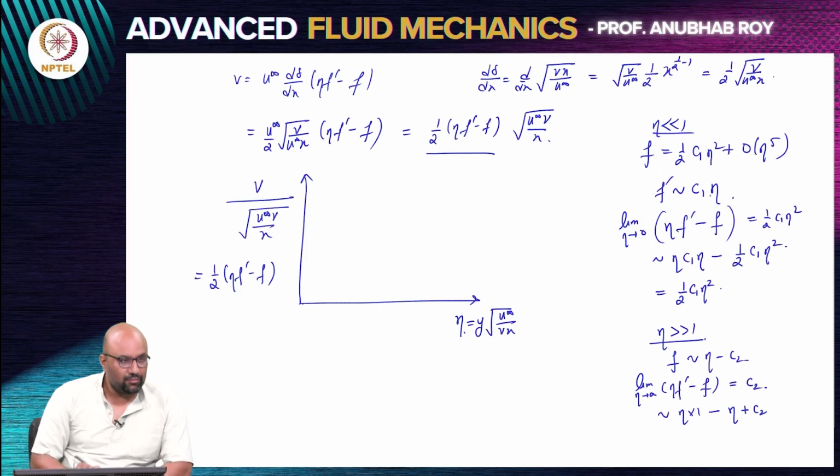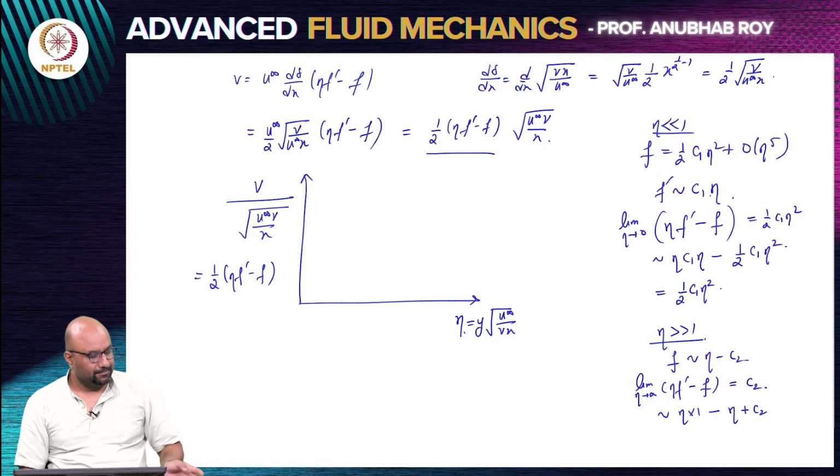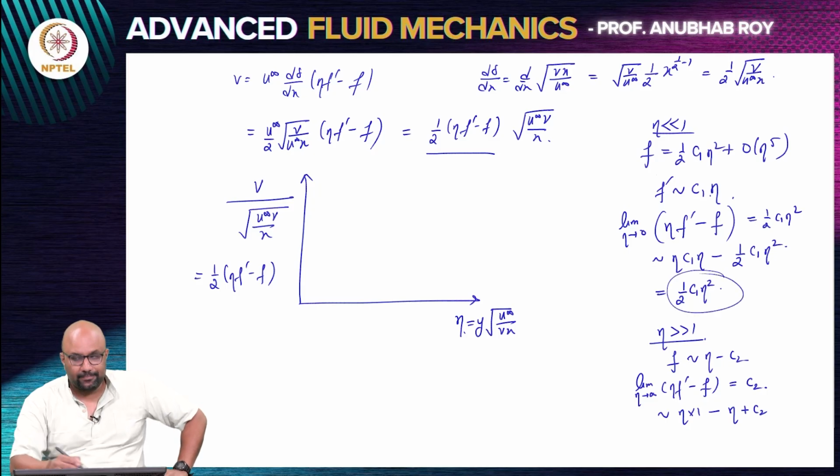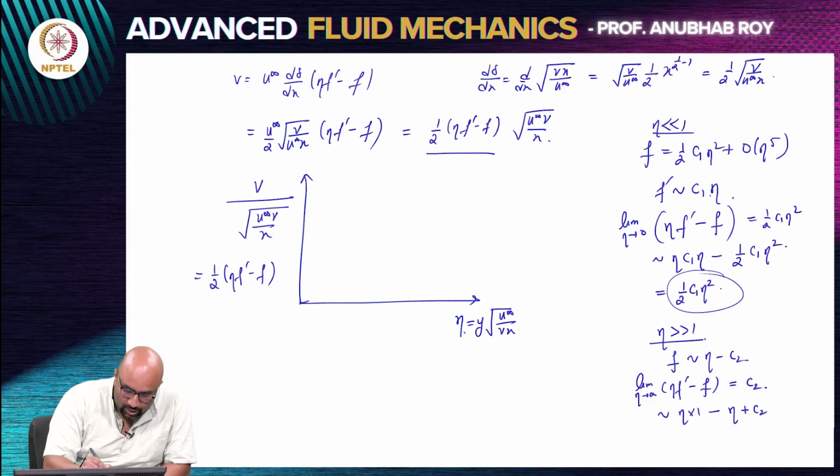So what do you think the curve would look like for small eta for the velocity? This is the vertical velocity. What should it look like? A parabola. So it should look something like this. It's not a linear curve.